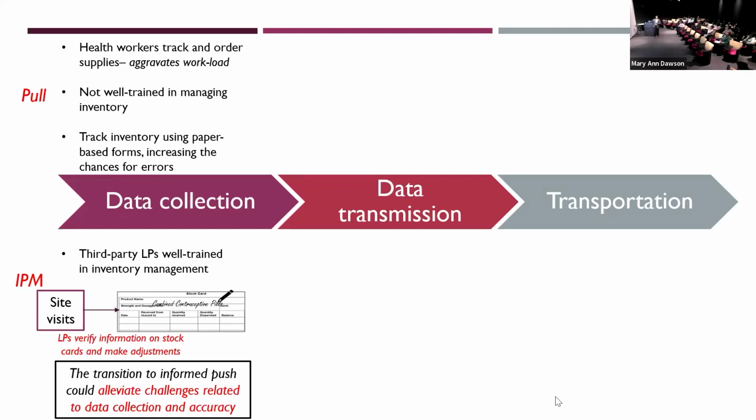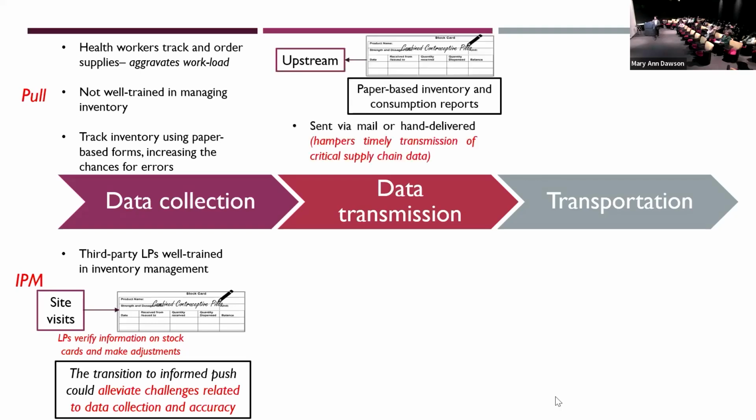Okay. So the second piece is data transmission. Under the pull model, the paper-based inventory and consumption reports are sent to the upstream warehouses, and this is done either by mail, so they literally mail it to the upstream facilities, or they might physically take it to the upstream facilities. As you can imagine, this can be hugely time-consuming, and it hampers the timely transmission of critical supply chain data.